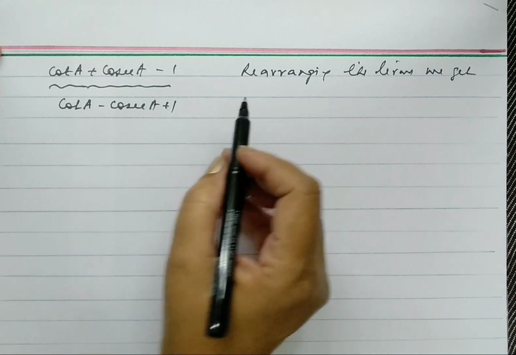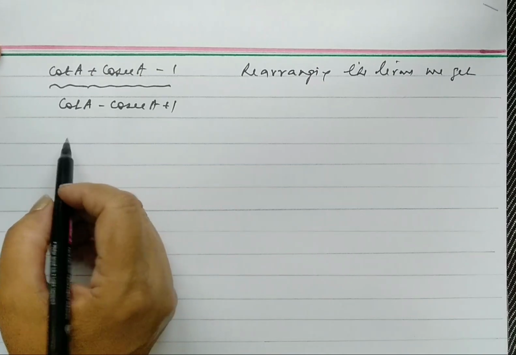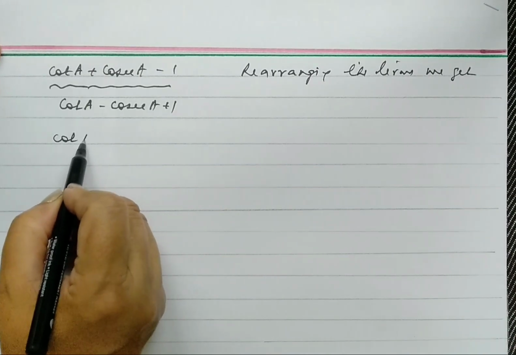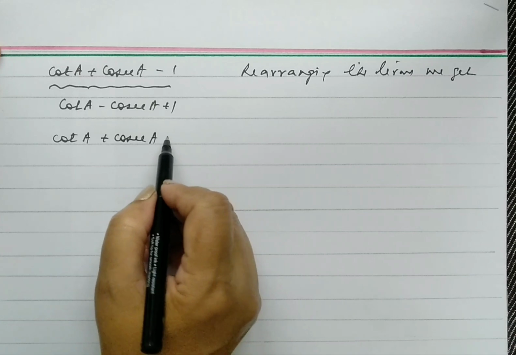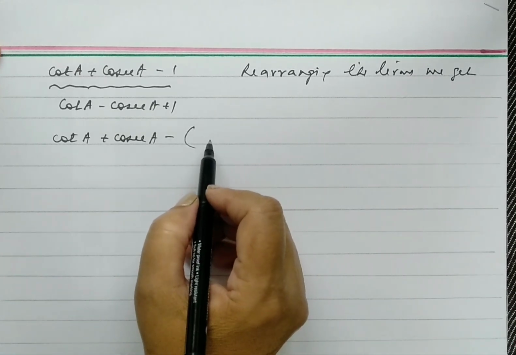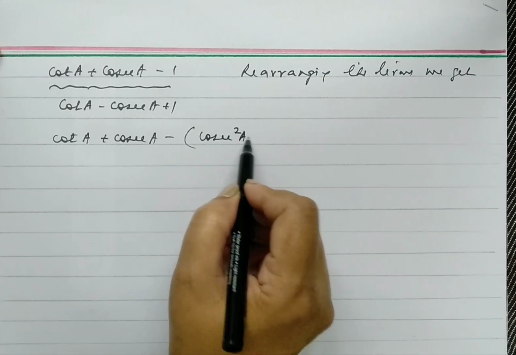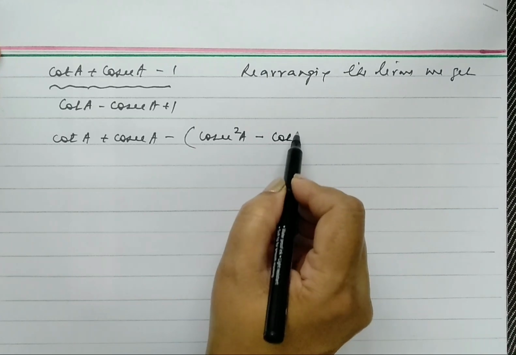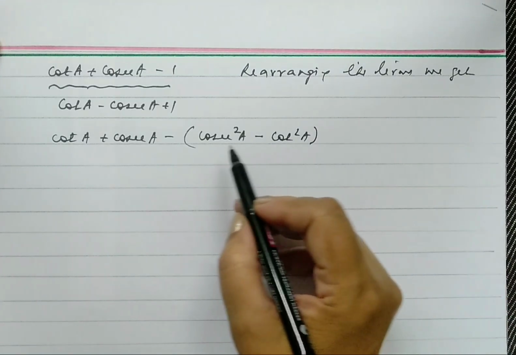So we know that 1 can be written as, let me just explain you. What if we wrote cot A plus cosec A minus, in bracket, cosec square A minus cot square A. Got it? So why are we doing so?